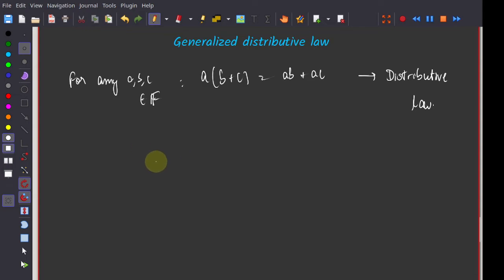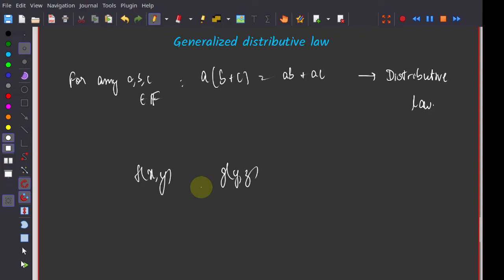Now, suppose I have the following problem. I have two functions, let's say f of x, y, and I have another function, let's say g of y comma z.